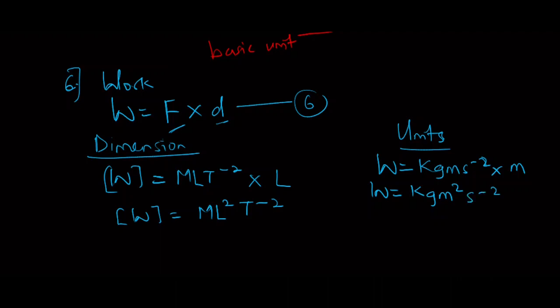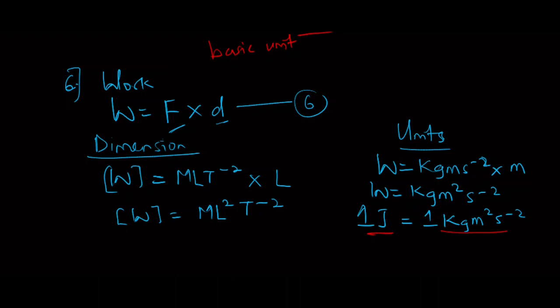So the unit for work is kilogram meter square per second square. We can as well write it as 1 joule is equal to 1 kilogram meter square per second square. So from here we have the unit of joule.